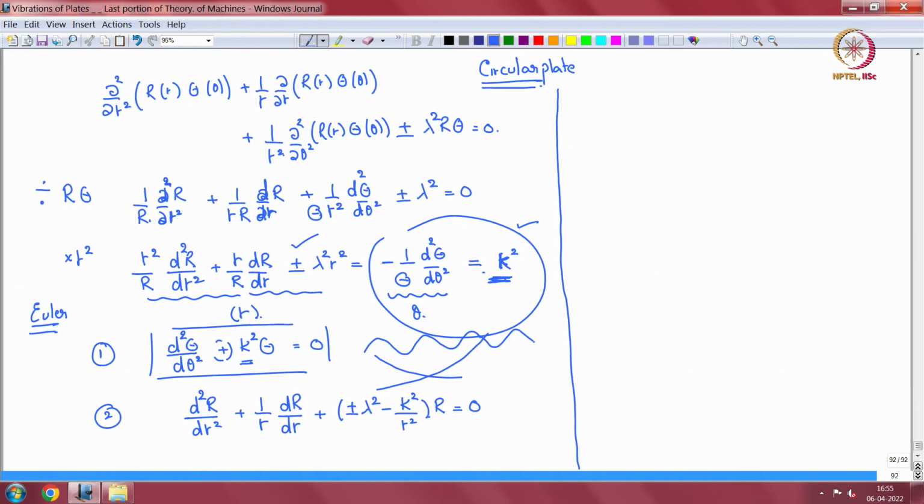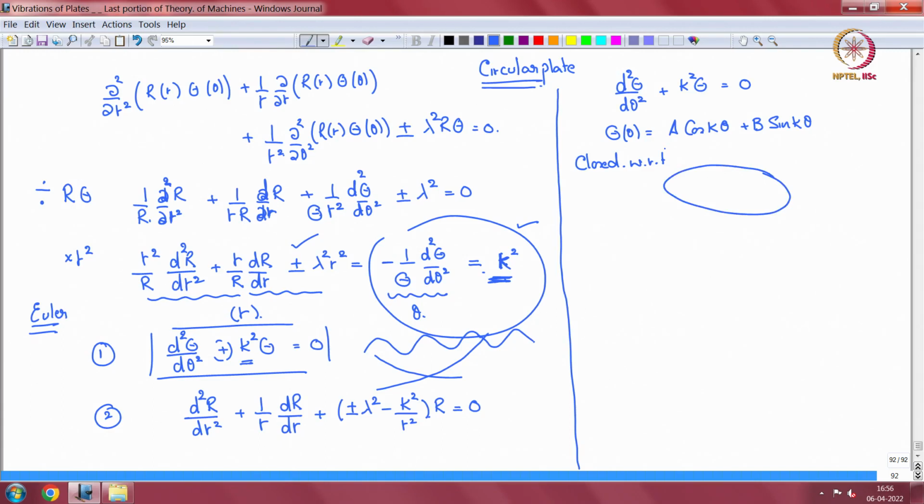Now, as for the solution of the first equation, d2 theta by d theta square plus k square theta is 0, which means theta of theta will be of the form a cos k theta plus b sine k theta, and for plates that are closed with respect to theta, that means it's a complete plate, k must be an integer.